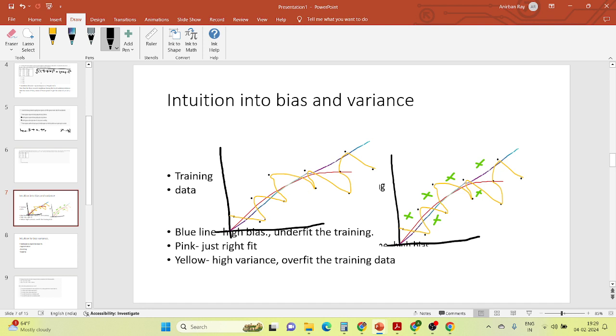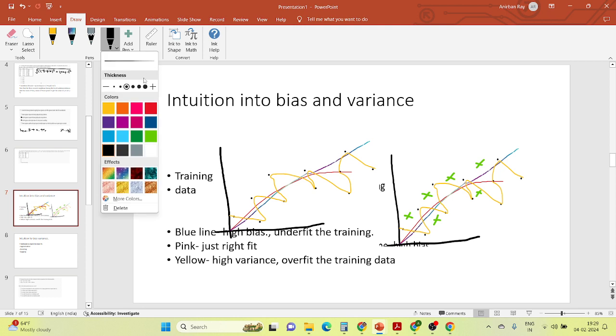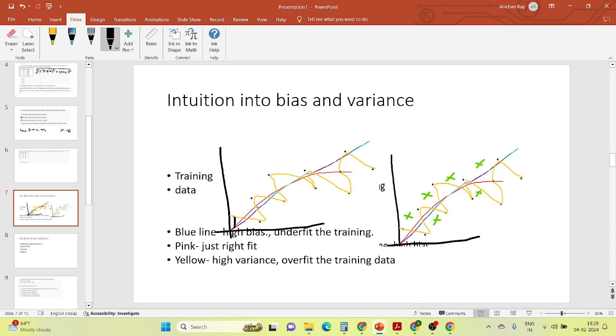And what will happen is that the error on the training data, these distances, error are these distances on the line. This error will be high on the straight line.